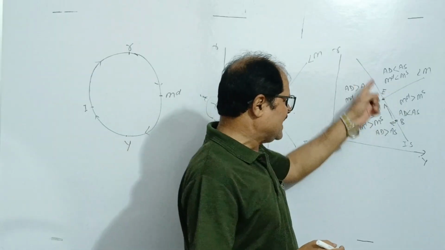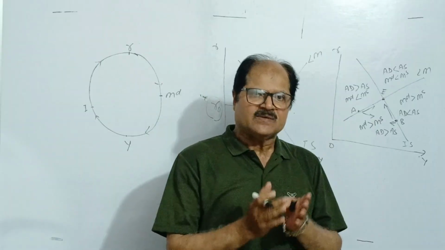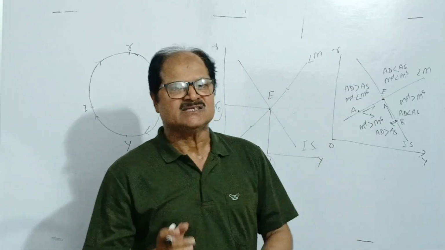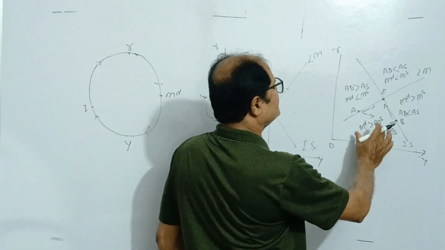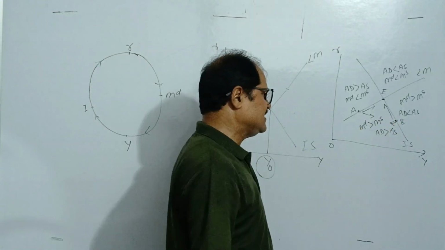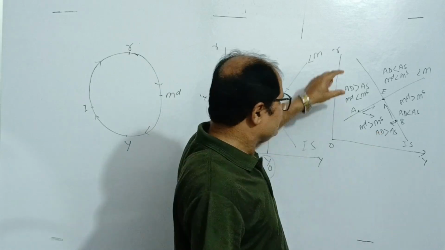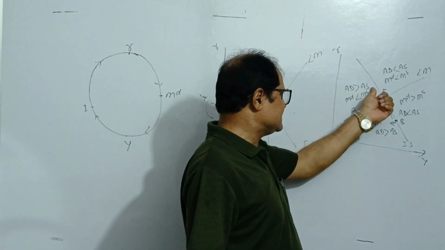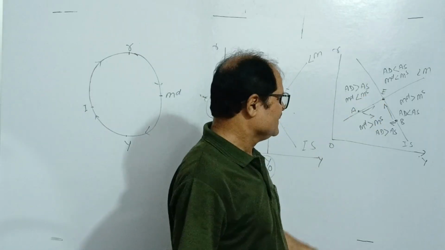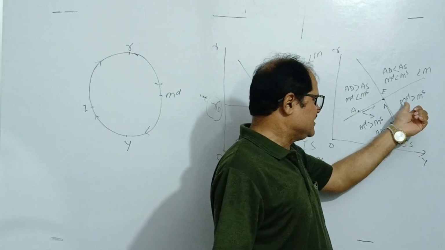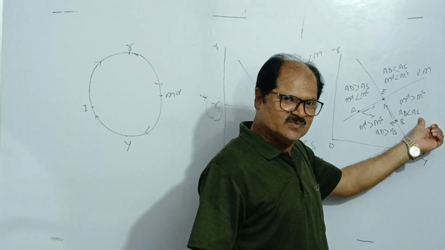यहां पर हमने ये चार पार्ट इसके लिए बनाए हैं, IS और LM कर्व के ऑफ जो भी पॉइंट्स हैं उनमें क्या स्थितियां बन सकती हैं. ये स्थिति अगर इस क्वाड्रेंट में है, in this condition demand for money is greater than supply of money and aggregate demand is greater than aggregate supply. In this quadrant, aggregate demand is greater than aggregate supply, but demand for money is less than money supply. In this quadrant, demand for money is greater than money supply, but aggregate demand is less than aggregate supply.